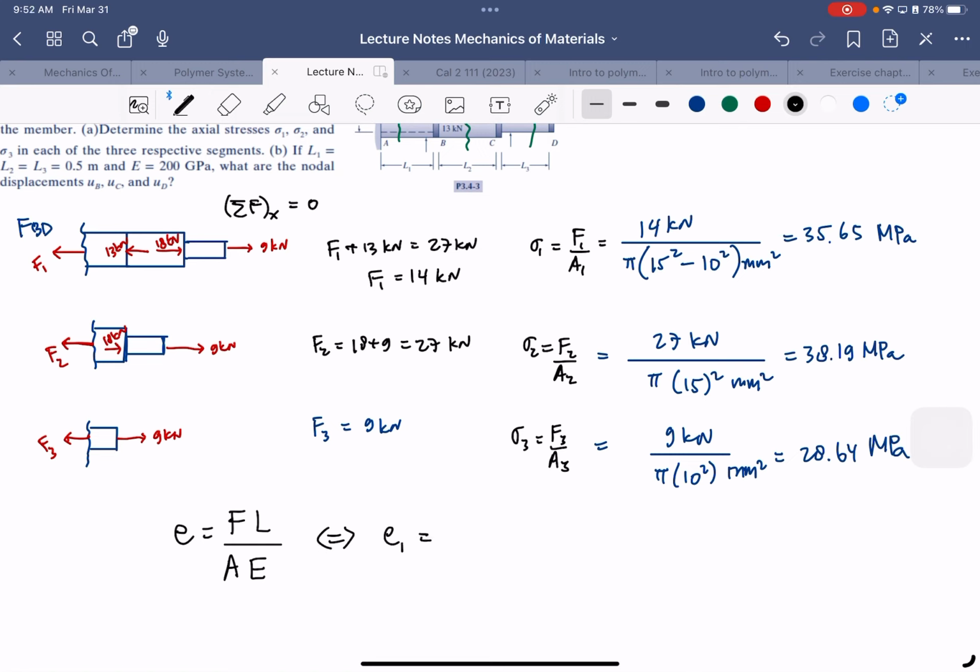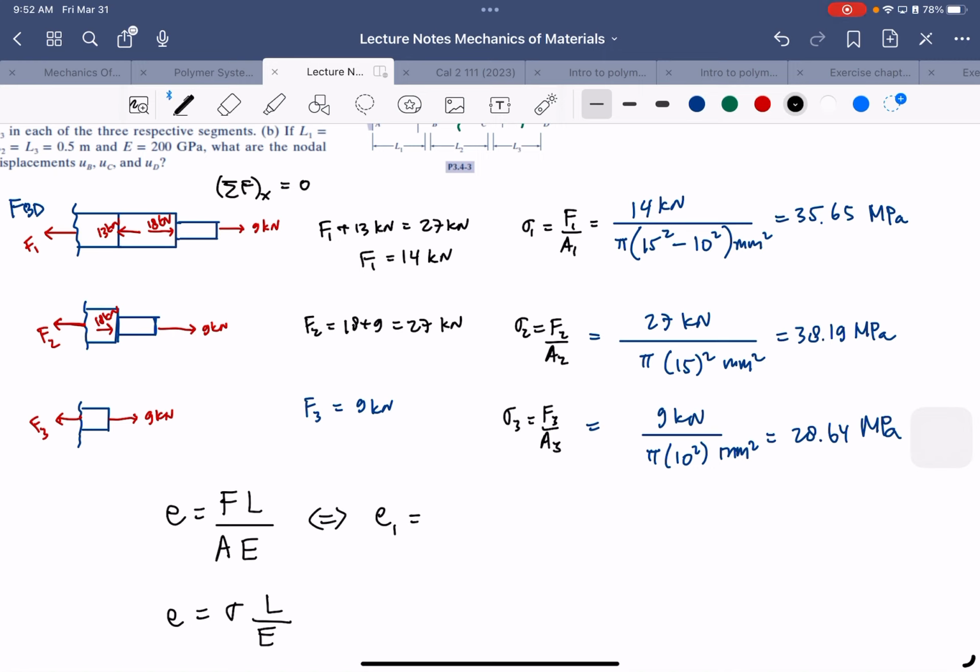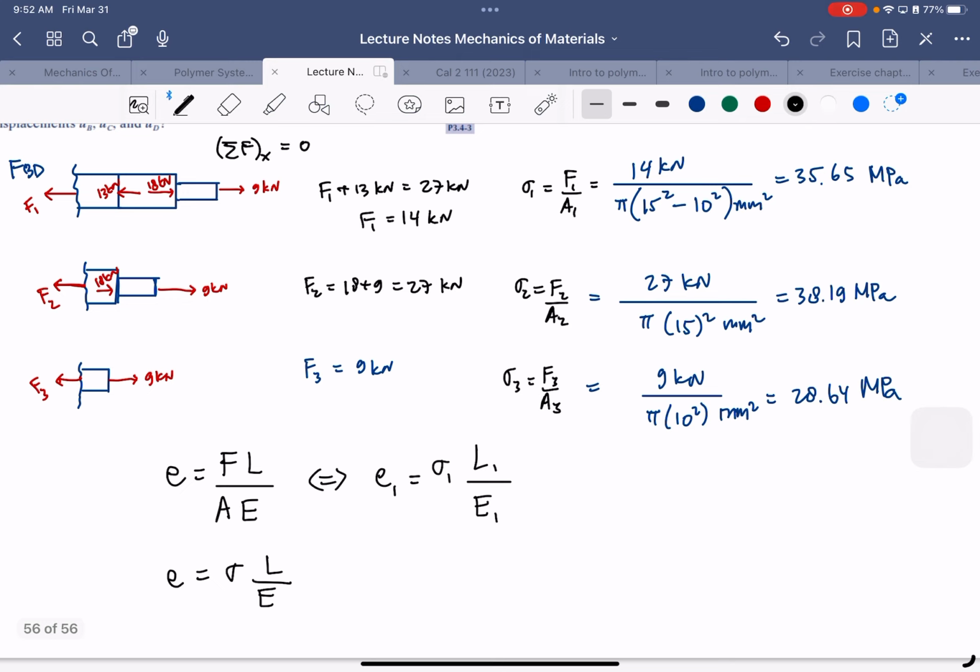So e1 is F1, and because we have stress, we can rewrite this in terms of the stress. F over A we can exchange to stress. So stress 1, L1, E1. The same thing for the other two.